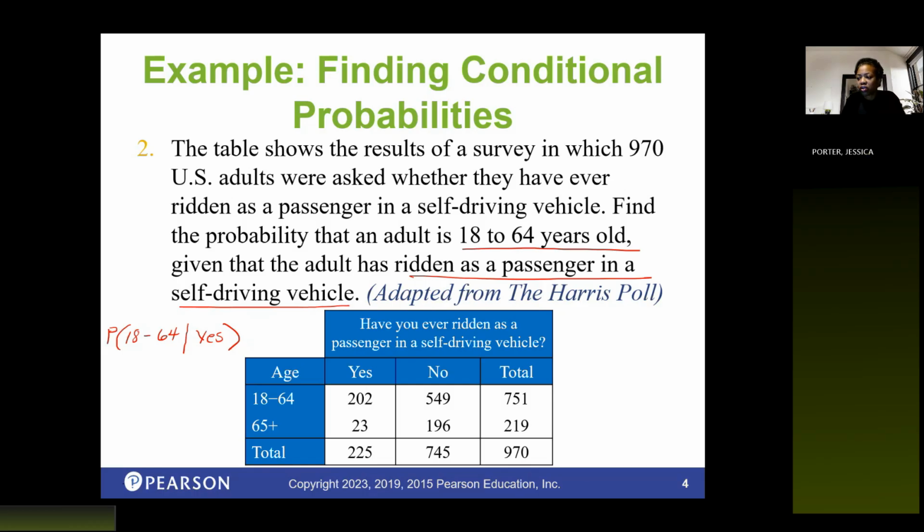So you're looking at, given that they have ridden as a passenger, so your denominator, right, that's right. Your denominator is going to be 225.